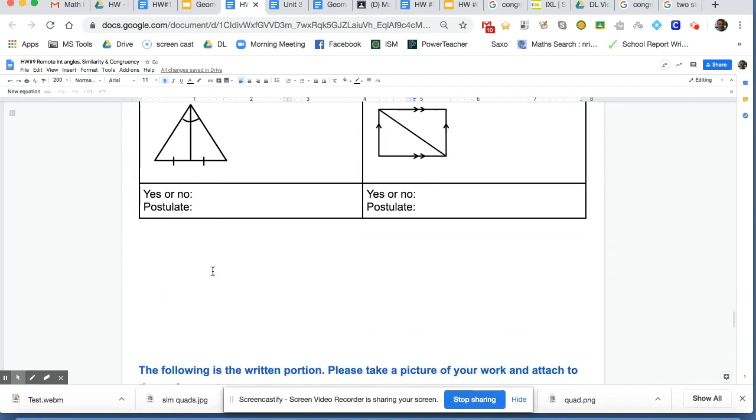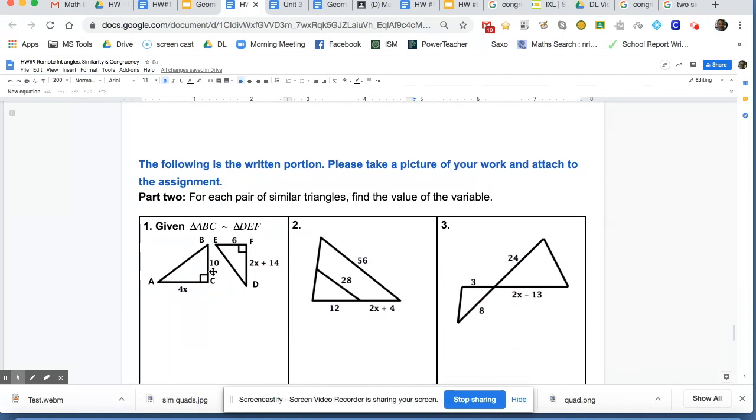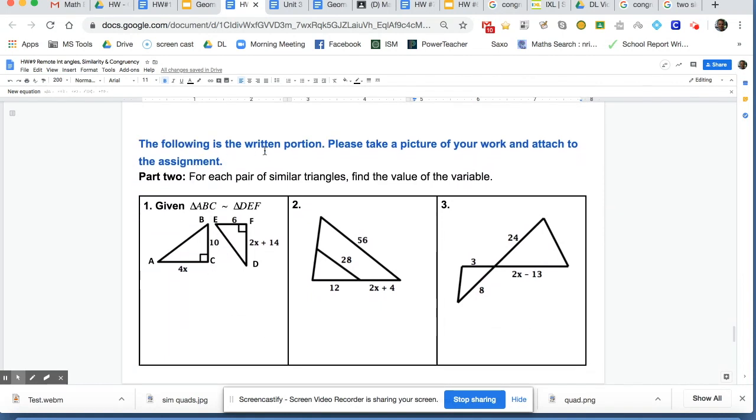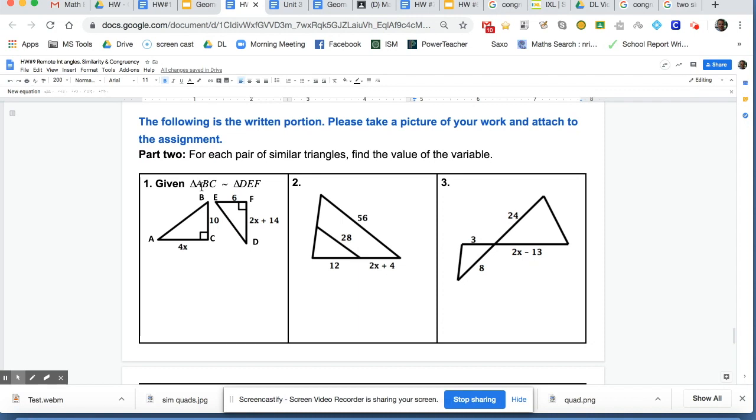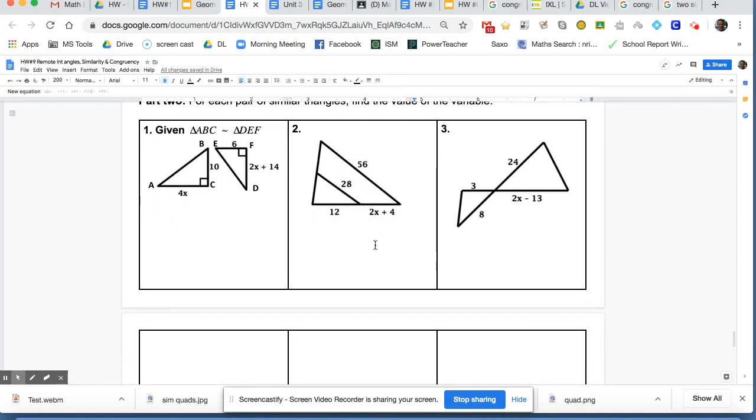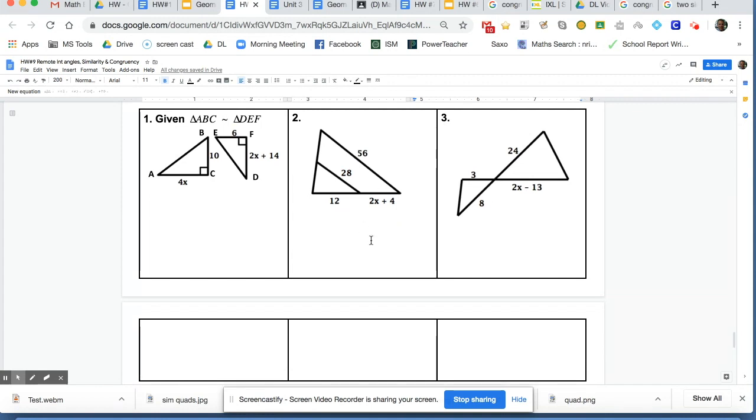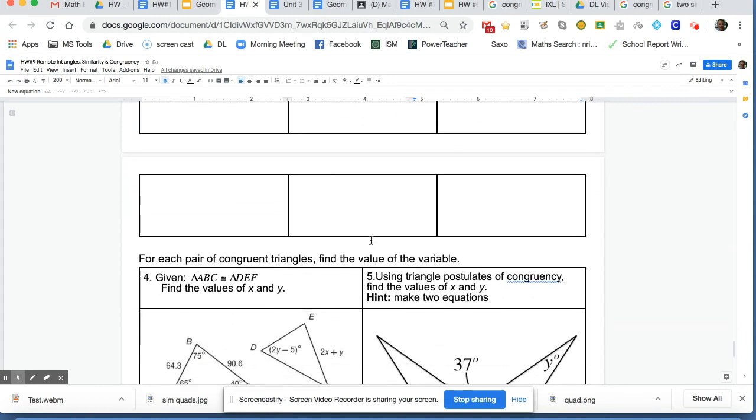And then we get through to this part. Now we're going to get to the written portion, and this is a very short section. This is the part that you're going to take a picture of and submit on the assignment for today. Either it's given to you that they are congruent, or you have to determine that these two triangles are congruent because of this, and then you have to determine what the corresponding parts are to help you make an equation so that you can solve for the variables.